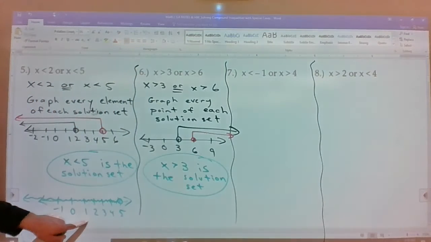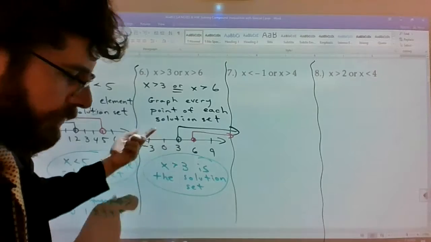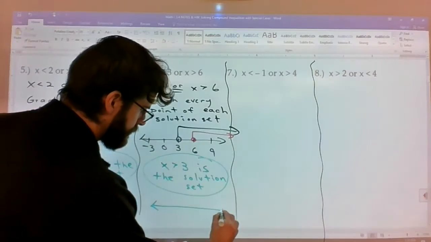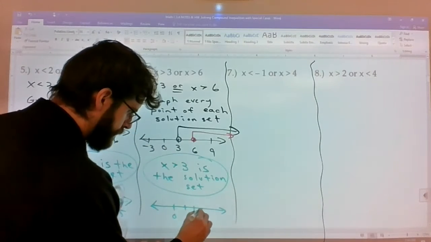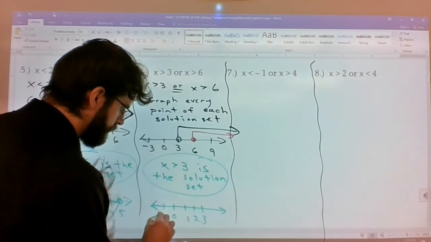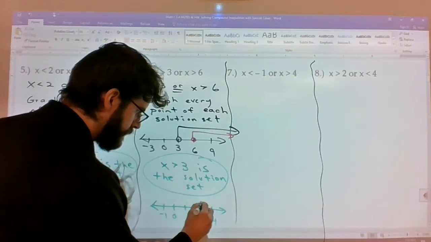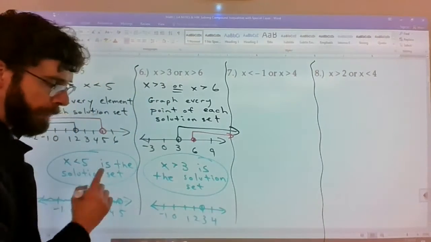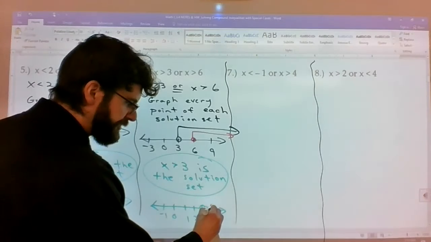And then just graph x is greater than 3. Open circle, everything to the right.